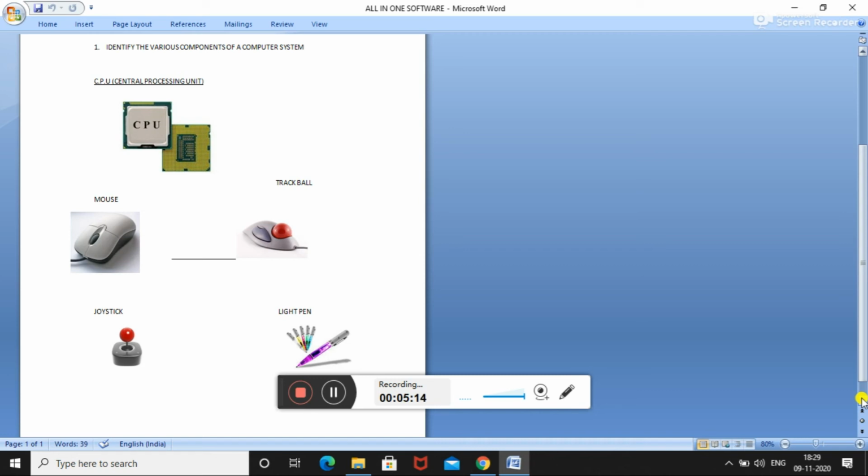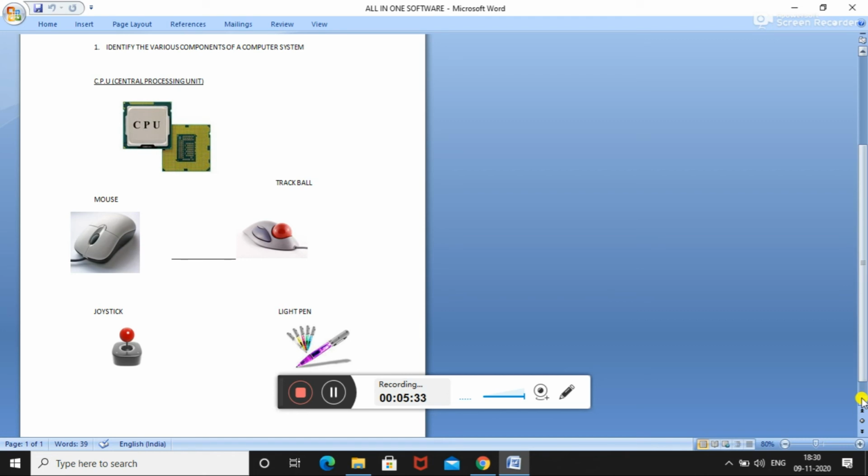A mouse can be used to control the position of the cursor on the screen, but it cannot be used to enter text into the computer. Mouse advantages: it is easy to use, not very expensive, and moves the cursor faster than the arrow keys of the keyboard.